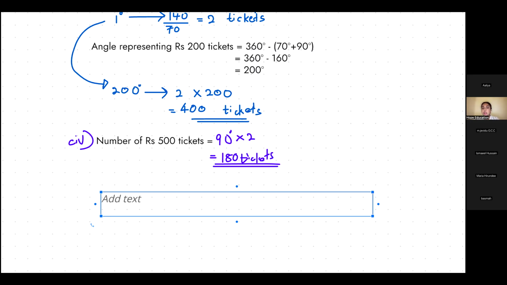Then 200 times 400 would be 2 times 4 is 8, then zeros, 80,000. So 140 plus 90 is 230. 230 plus 80 would be 310. Is this the answer you got, Lamai?